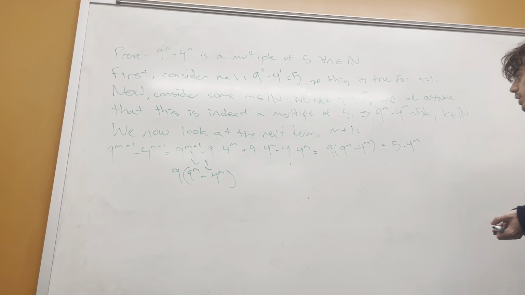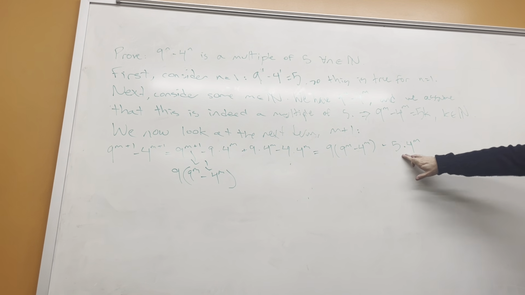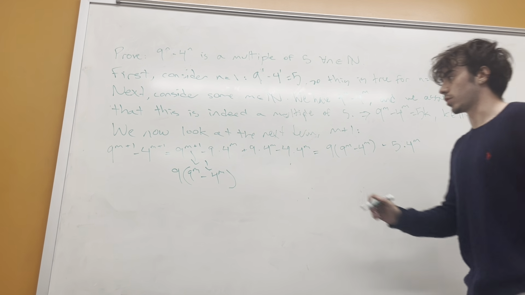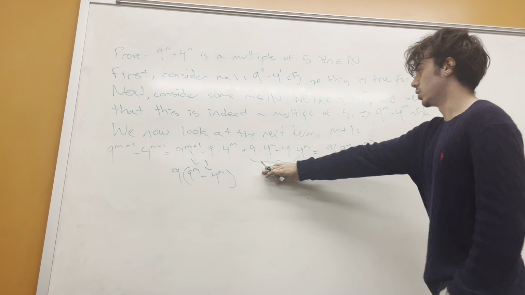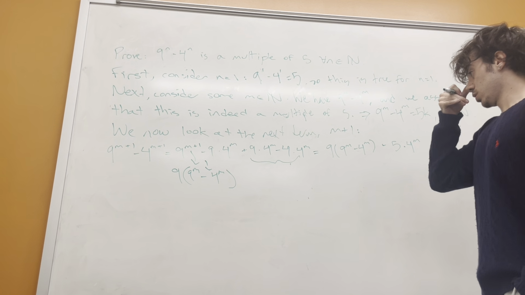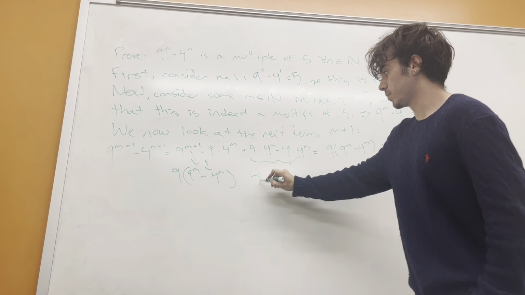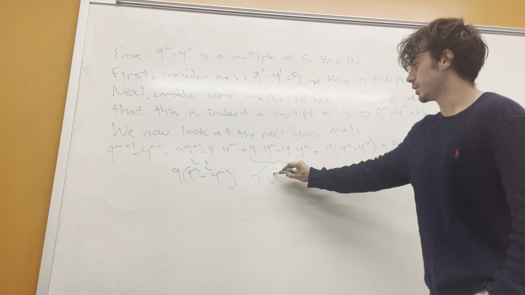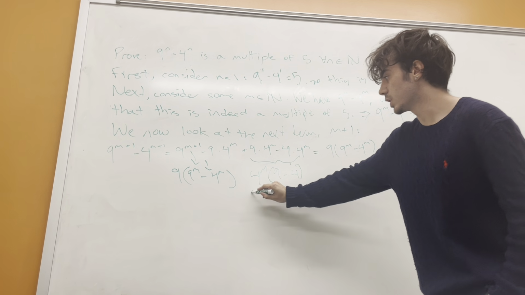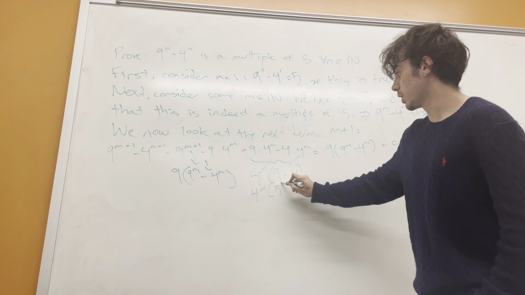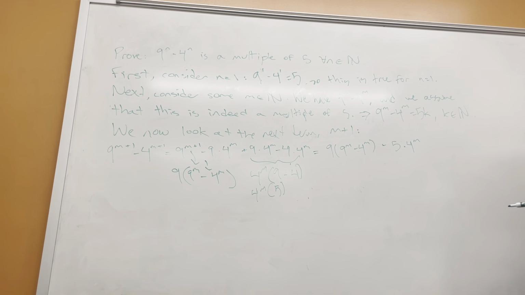Additionally, we also have 5 times 4^m from this part of the expression, and we get this by factoring out the 4^m first, and then we have 9 minus 4, and then we have 4^m times 5, and that's what we have here.